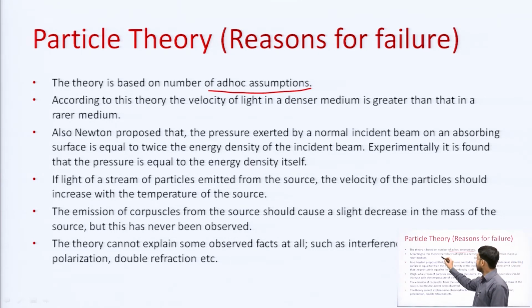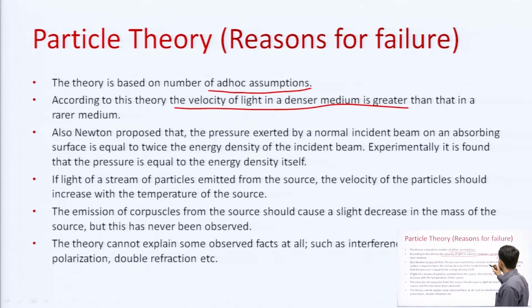According to this theory, the velocity of light in a denser medium is more than in a rarer medium. But from the fundamental facts, we know that the velocity of light in a rarer medium is more. But according to this theory, it is in the denser medium in which the velocity of light is more. So, this is one of the reasons behind the failure of this theory.